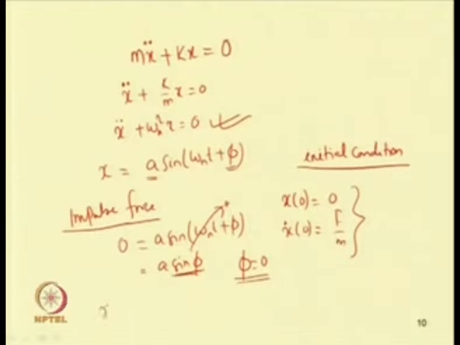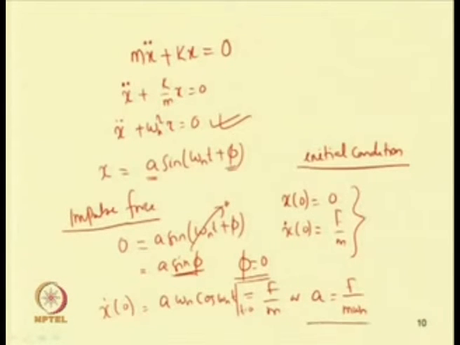Now, differentiating this, x dot 0 equal to a omega n cos omega n t. This will be equal to f by m at t equal to 0, where cos omega n t equal to 1. So, a omega n equal to f by m, or a will be equal to f by m omega n.